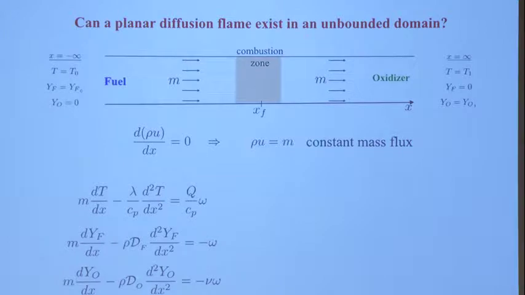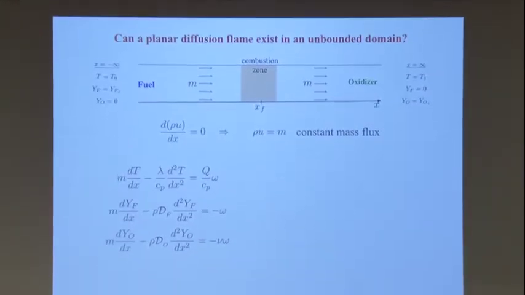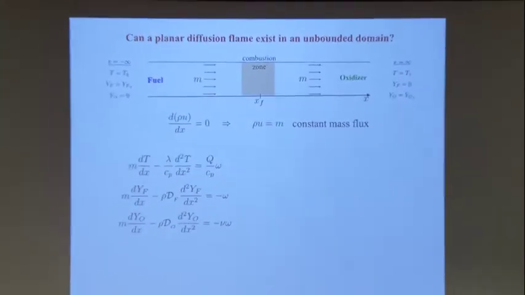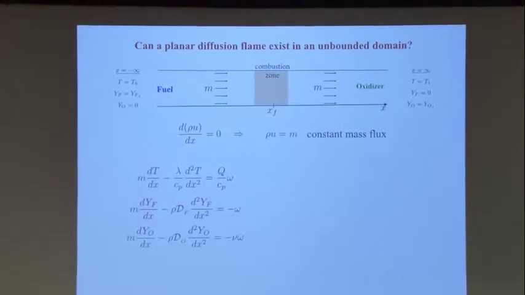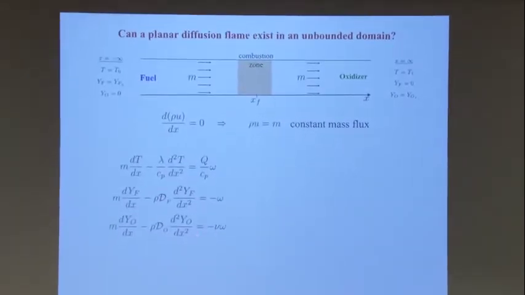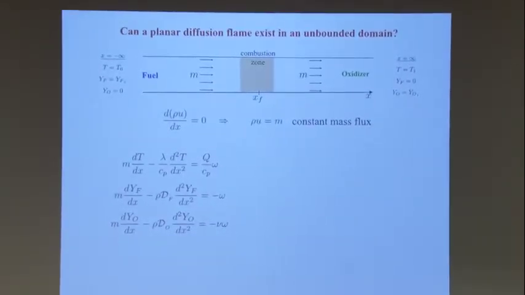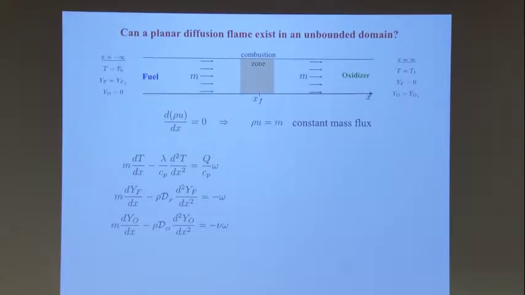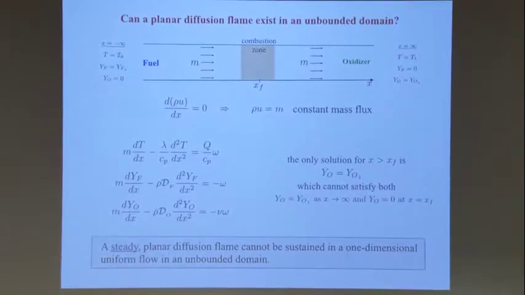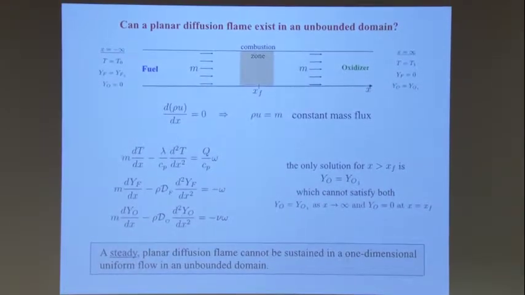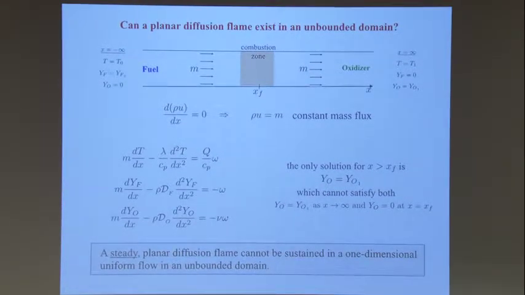The reason is very simple. Since the mass flux is constant, the equations for the fuel and oxidizer to solve are written here. You are already familiar with them. If you look at conditions very far away in the oxidizer region, the only solution will be a constant, because otherwise you will get a growing exponential, which is unacceptable.